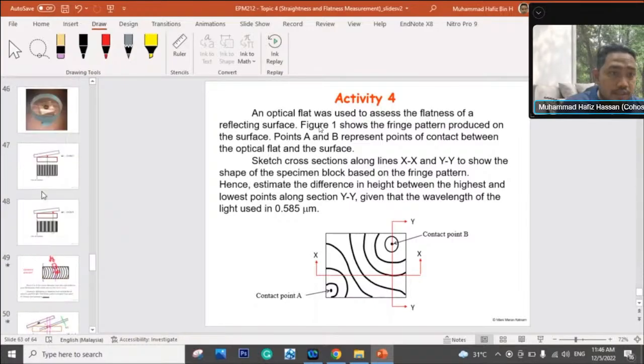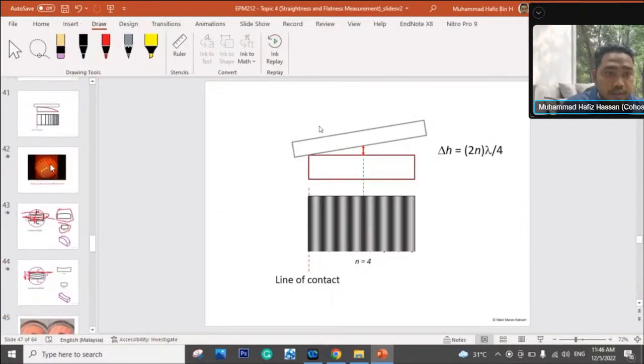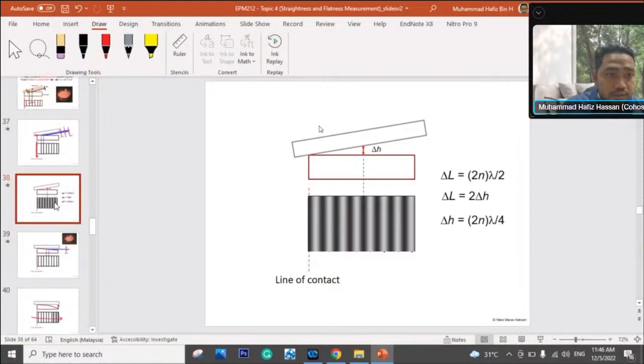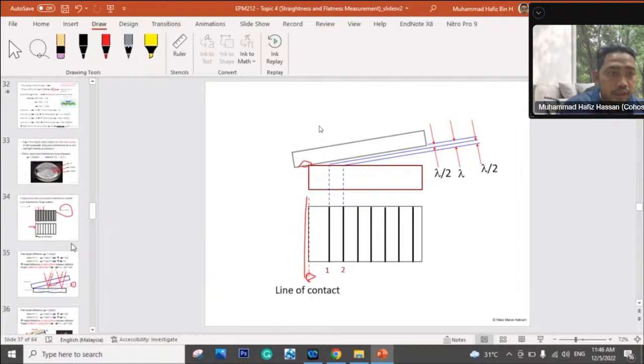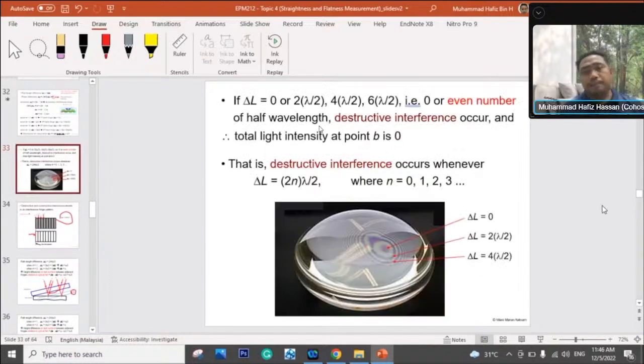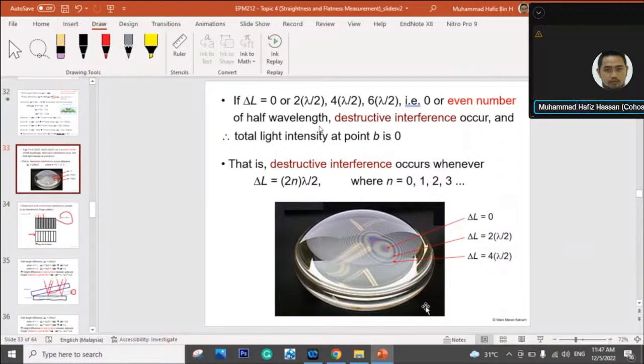You can see here, this is fringe number one. Where is n one, two, three, and four? So they have four fringes here. You have to subtract the first one, so the difference is, of course, zero minus one, something like that.